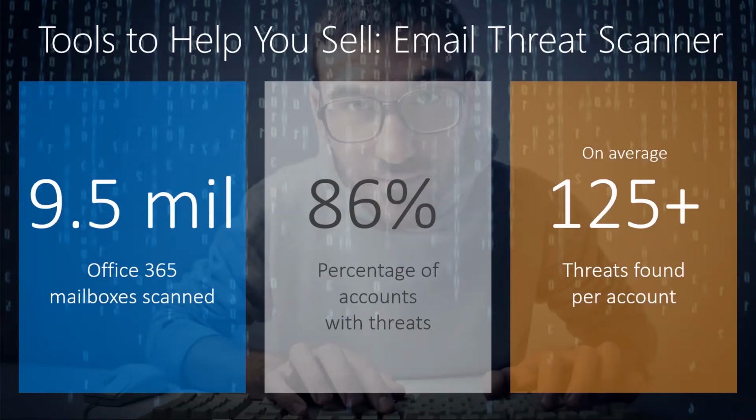On average, we're looking at about 125 threats per account across our scans, and that just keeps on evolving over time. The technology used is an Office 365 API where we reach in and do a retrospective scan on the tenant and then give you a nice report of what individual users are at risk, and also the posture of that domain in terms of DMARC standard.